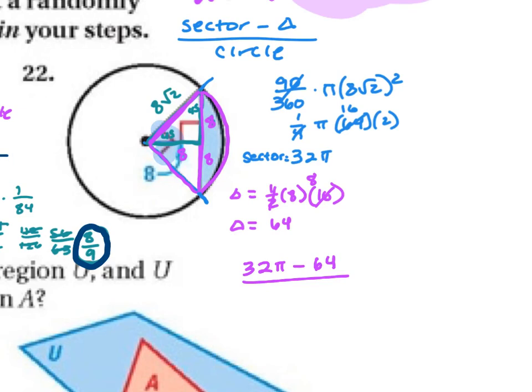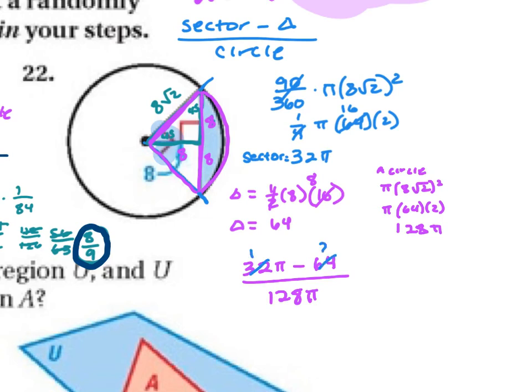And I want the area of the whole circle, which is pi times the radius, 8 root 2, squared: pi times 64 times 2, 128 pi. If I didn't have a calculator, I would just reduce these. They're all divisible by 32, actually.